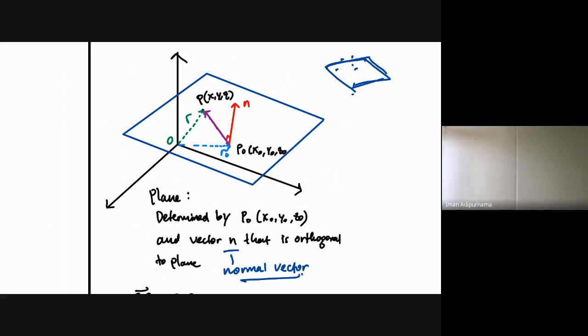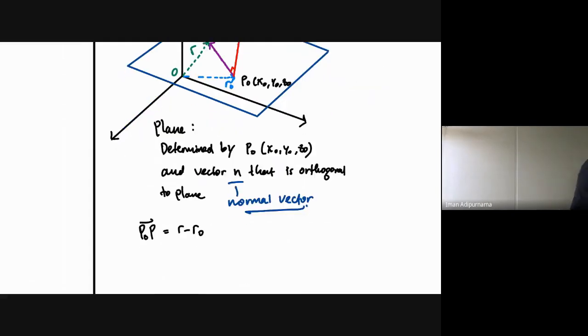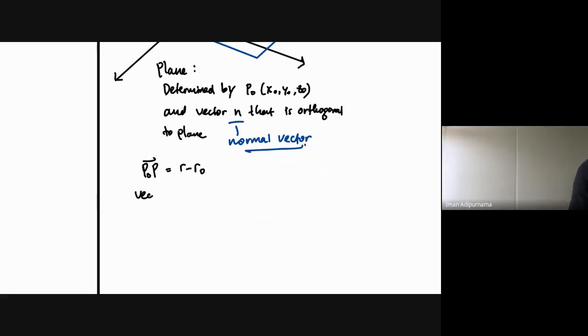Okay, to every single point of a plane, it's orthogonal. So if we take the position vectors R0 and R and form R minus R0, then the normal vector is also orthogonal to this vector. Okay, so the vector n is orthogonal to every vector in the plane.